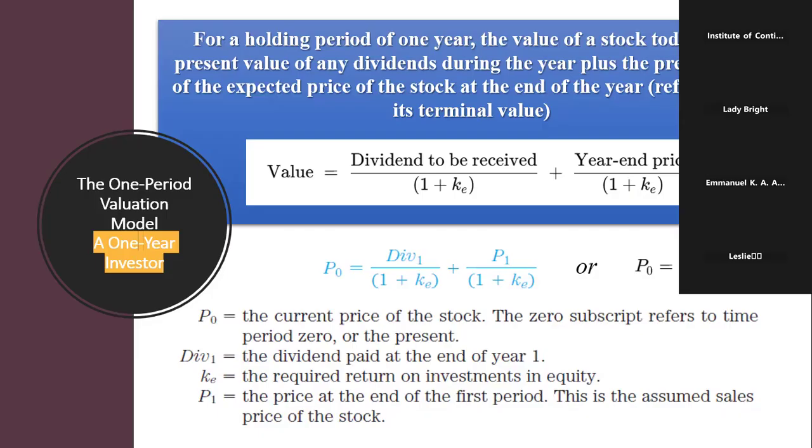Again, every share or stock has 2 cash flows coming in. You have your dividends coming in, then you have your cash or income coming from change in price or price appreciation. So your dividend is discounted, then the price is also discounted.